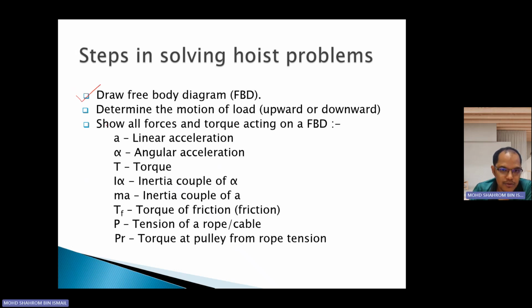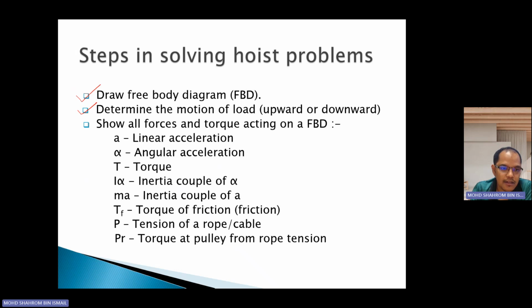And then of course for this case you need to understand there's a load, and we need to know the action of the load. The load is acting towards what direction. So we need to know the motion of the load lah, either it's acting upward or acting downward.